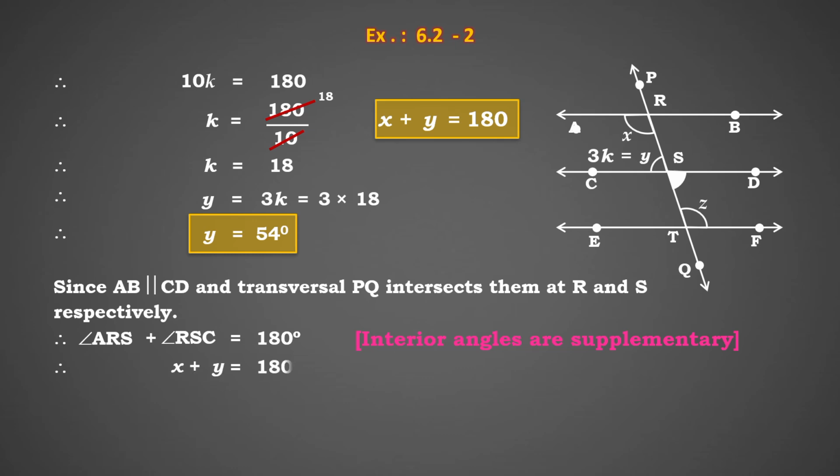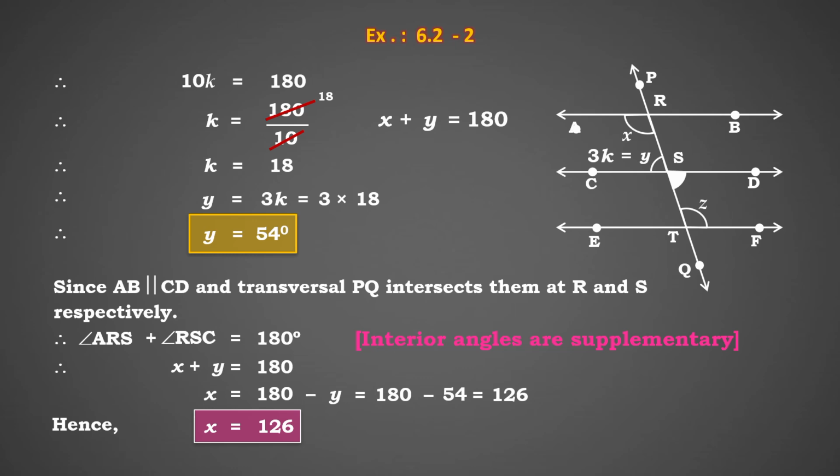Therefore, x plus y equal to 180. So, x equal to 180 minus y equal to 180 minus 54 equal to 126. Hence, x equal to 126.